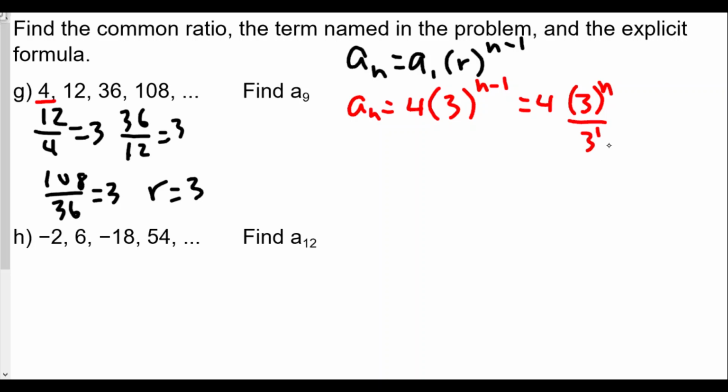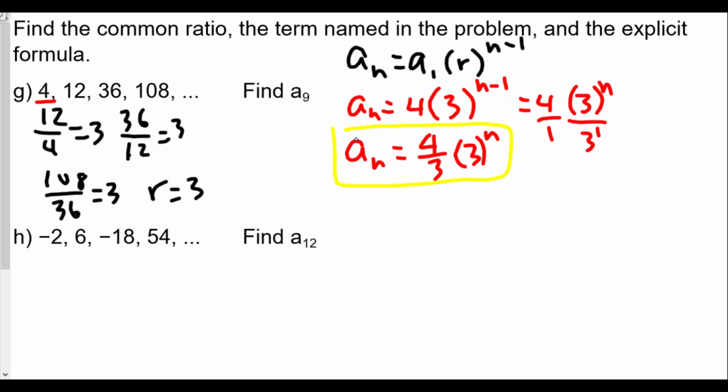Therefore, if we were to simplify for the explicit formula, a sub n is equal to 4 over 1 times, and then multiply everything out, we have the denominator being 3, so we will have 4/3 times 3 to the n power. That will be our explicit formula, okay? So all we're doing is pulling out one from the exponent and dividing our a1 term.